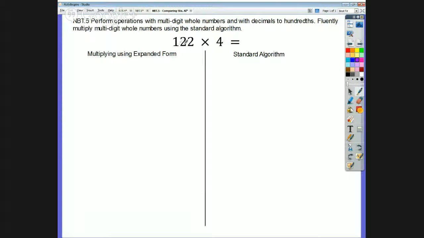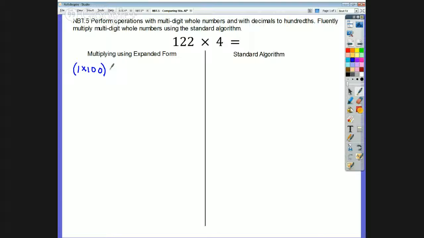It's 122 times 4. Well, I can write this number in expanded form pretty easily. Let's take a look at that. The 1 is in the hundreds place, so since there's a 1 in the hundreds place, that place is actually 1 times 100. That's expanded form.